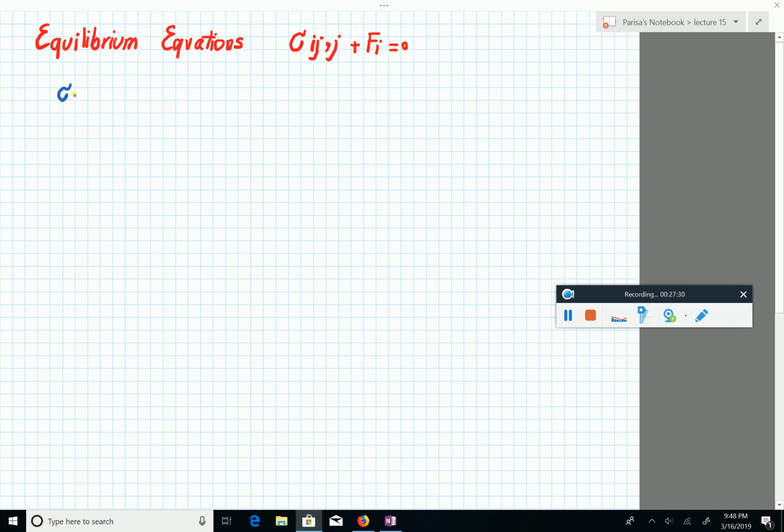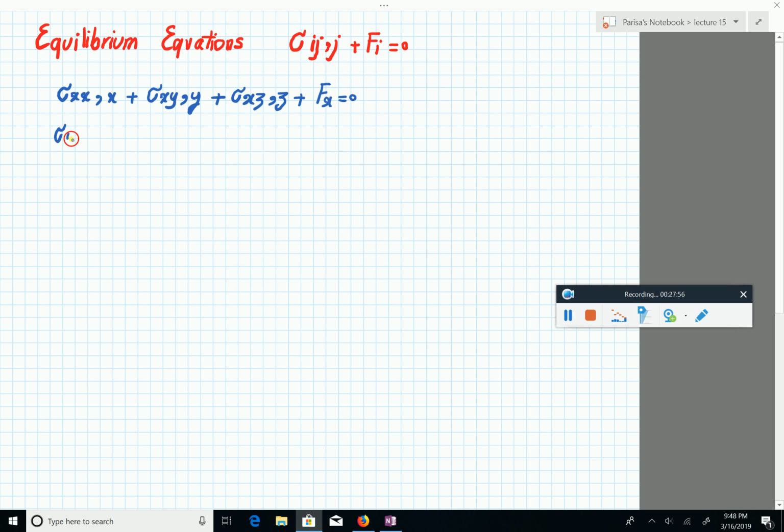So sigma xx comma x plus sigma xy comma y plus sigma xz comma z plus fx is equal to 0.